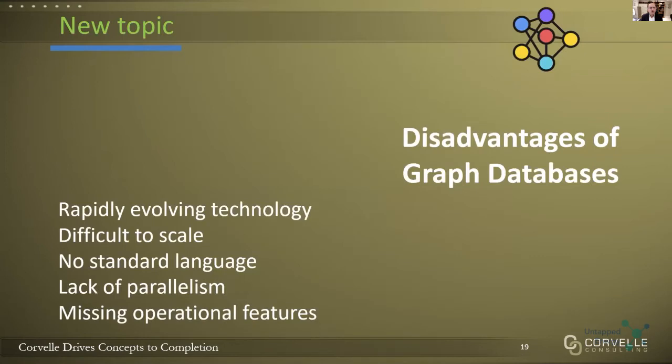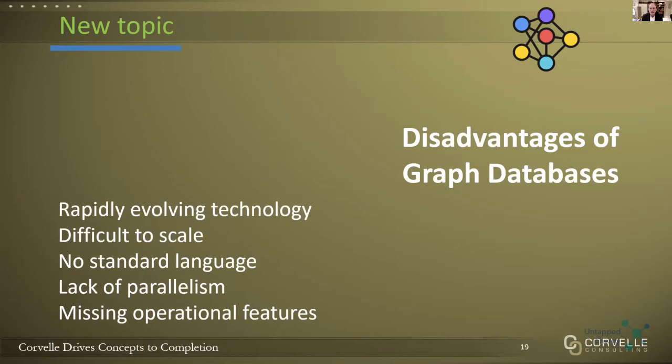Okay, let's move on to the disadvantages of graph databases. I'm discussing this topic because every technology has its pluses and minuses. We're going to talk about rapidly evolving technology that requires the customer to be aware of patches and new releases and plan a response. Difficult to scale. Some graph data products will only scale up to a certain point, notwithstanding its potential advantages.